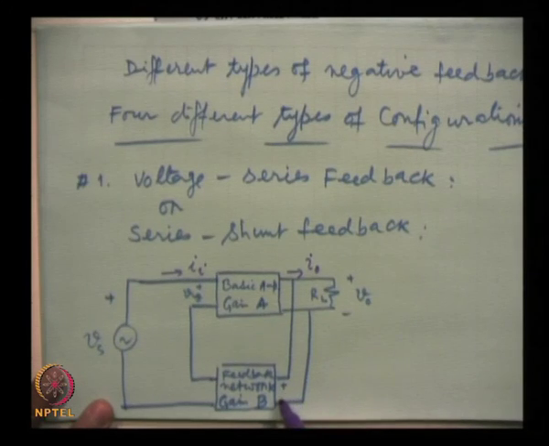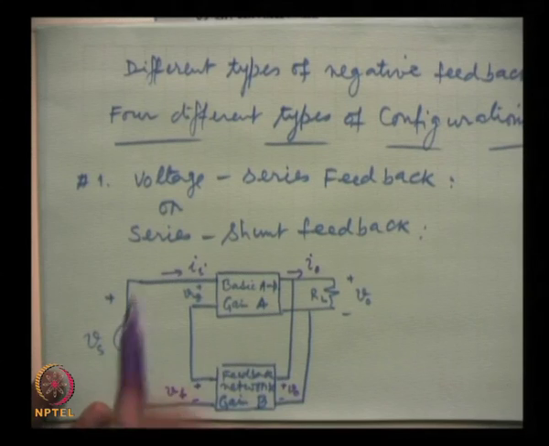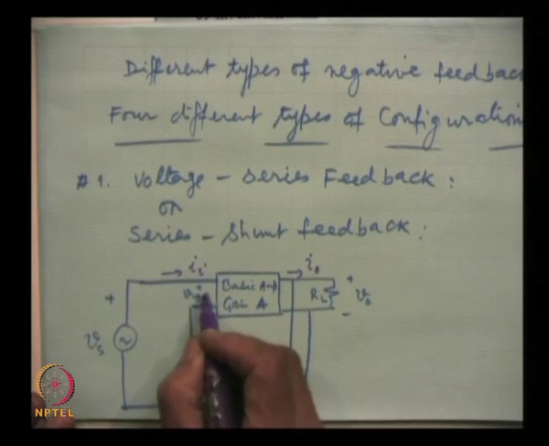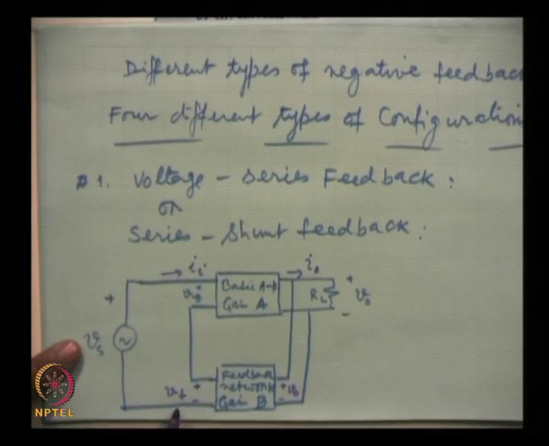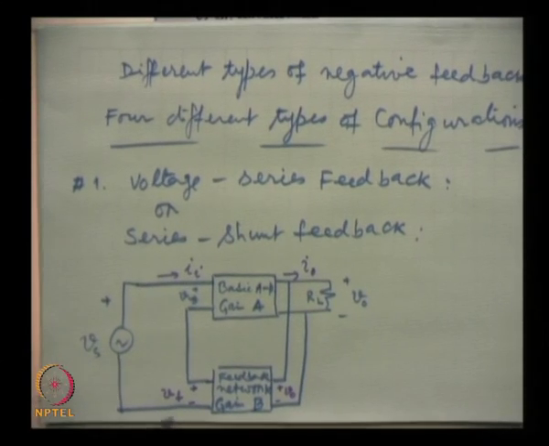So, plus minus V 0 is the input to the feedback network, and what appears here is V f with this polarity, and this is V e, the error signal, which is coming from the mixture of these two signals V s and V f.